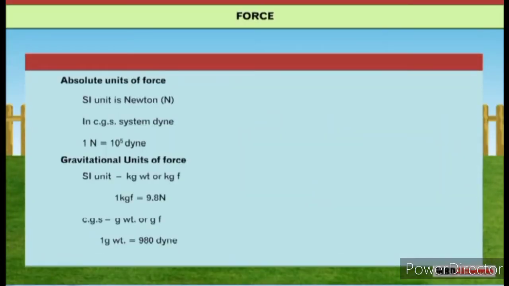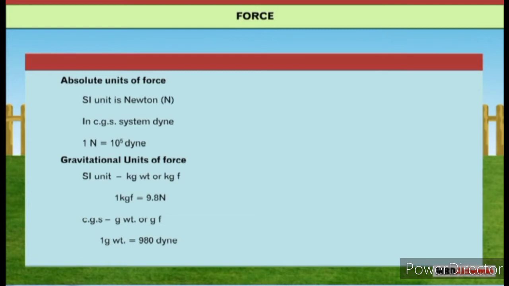Absolute units of force. SI unit is Newton, N. In CGS system, dyne. 1 Newton is equal to 10 raised to the power 5 dyne. Gravitational units of force.